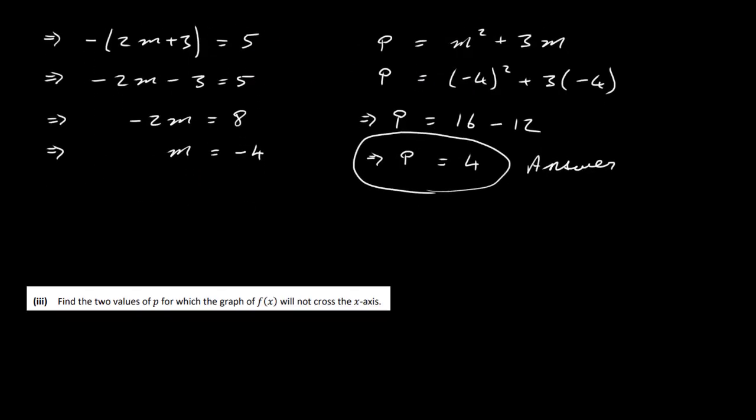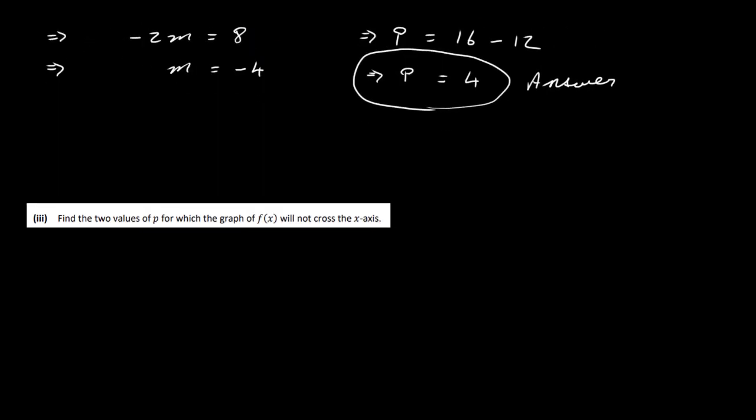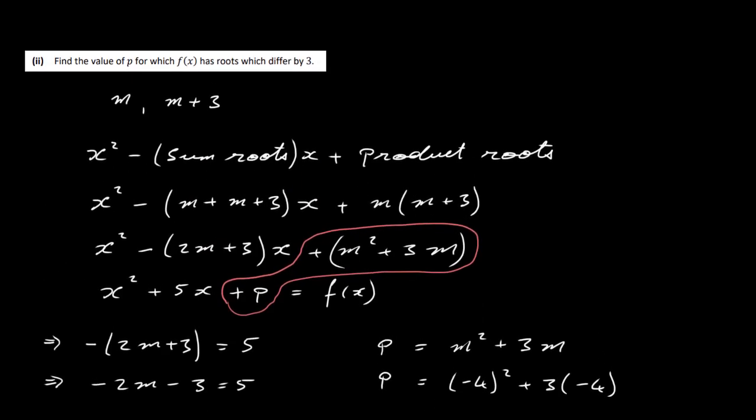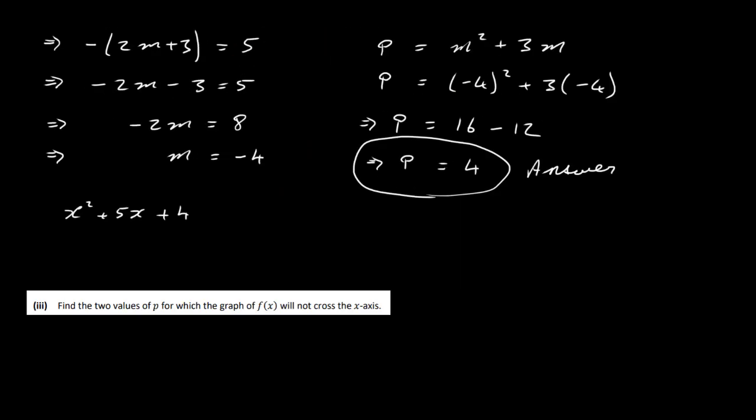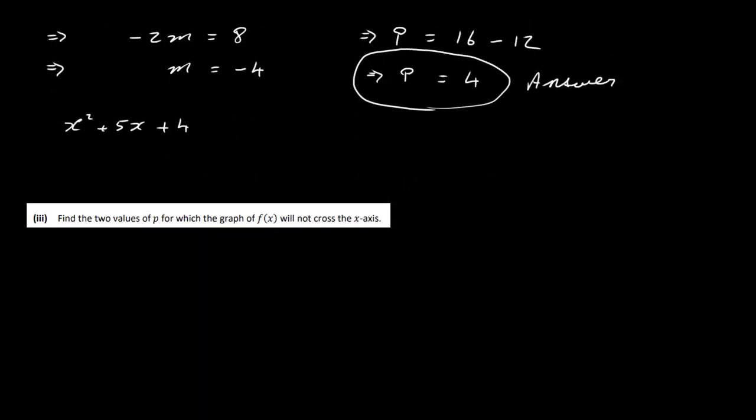Let's just double check that. Our original function was x squared plus 5x plus p. Well, our new p, if you like, is going to be 4. And the question just says, find a value of p for which f of x has roots which differ by 3. So we want to find the roots of this particular function. This is just a check. You don't necessarily have to do this. You can if you have time in the exam.